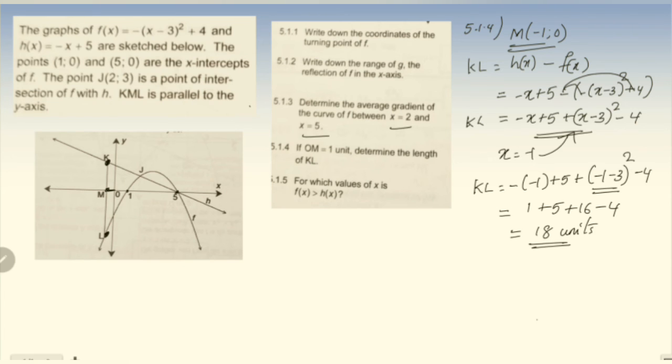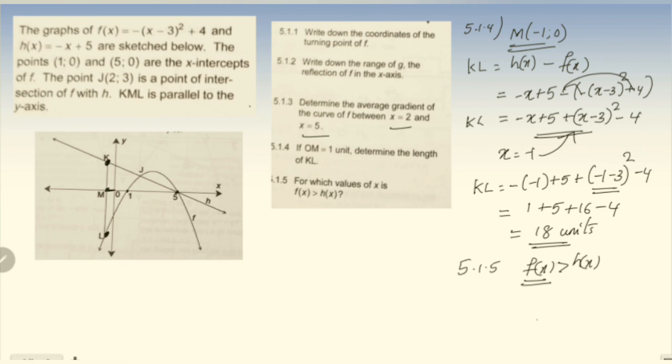Now we are moving to the last question, that is 5.1.5. It's a very simple question. For which values of x is f of x greater than h of x? From the graph you have to find it. Go to the graph, look at the portion of f of x. What is f of x?